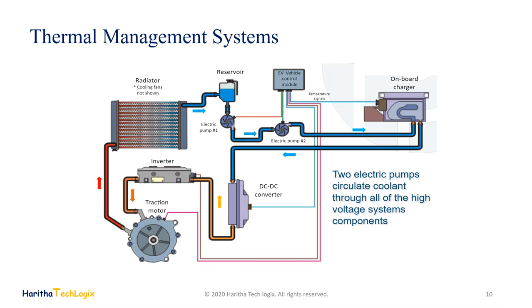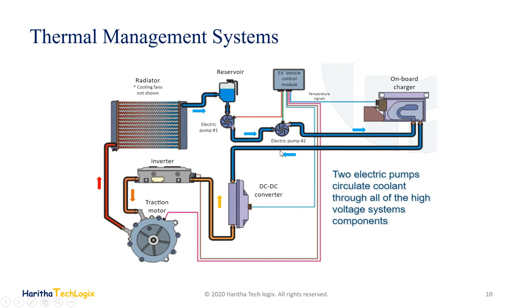In this, a control module like this gathers the temperature information from all the components. You can see the temperature signal lines going to all the components. These are all the temperature sensors. Each of the components will be mounted with a temperature sensor. Like this, the control module gathers the temperature information of all these components using the sensor connected to each of them.